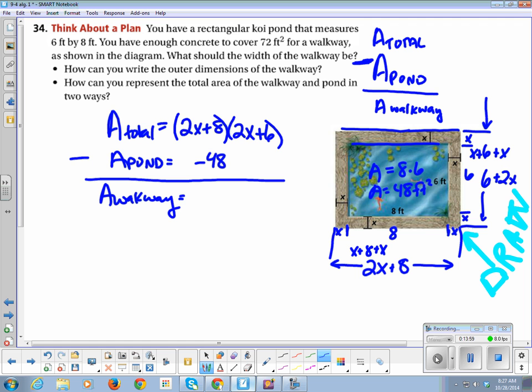So if I were to write this down, it would be 2x plus 8, 2x plus 6, minus 48. And if we wanted to write it a second way, we can multiply this out.